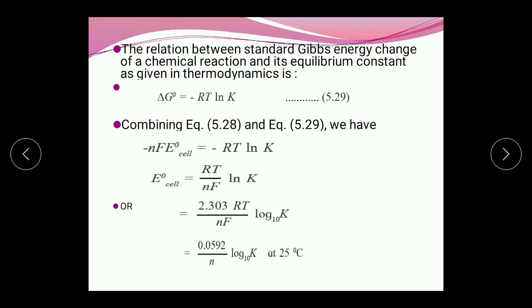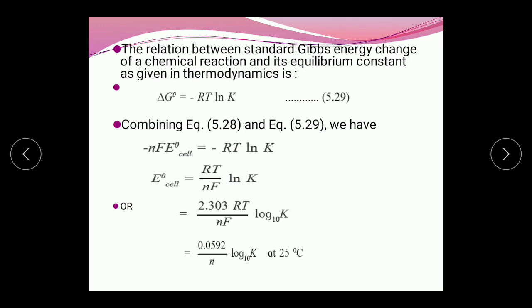We have got equation number 5.28 as delta G0 equal to minus nFE0 cell. So if we combine both the equations, then minus nFE0 cell equal to minus RT ln K, because both these equations are of standard Gibbs energy change. So as the left side is the same, we will just equate the right sides of both the equations. So this is what we got.